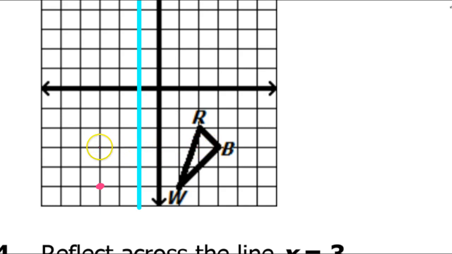So I'm going to do 4 units to the left of the blue line, and that'll be B prime. And then point R is 3 units to the right of the blue line, so I'm going to go 3 units to the left of the blue line. Okay, and now I'll connect the dots. So there's your reflection, B prime, R prime, W prime.